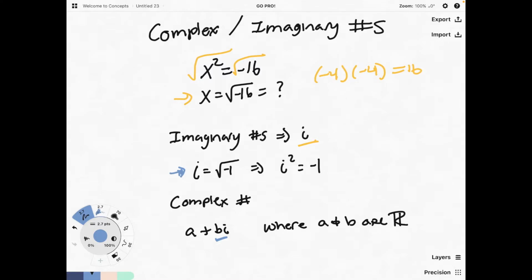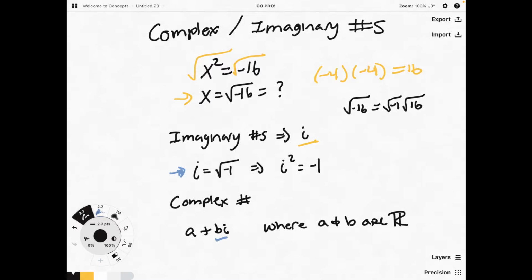Now, if we go to this example that we have here at the top, and we utilize our rules of imaginary numbers, then we can easily solve for this value. In this case, the square root of negative 16 is equal to the square root of negative 1 multiplied by the square root of 16.